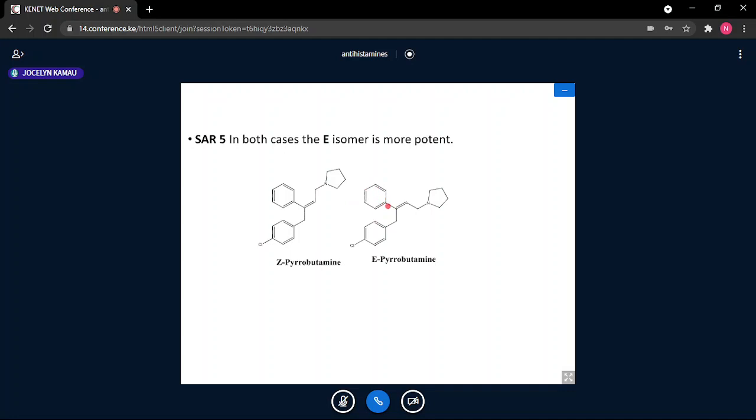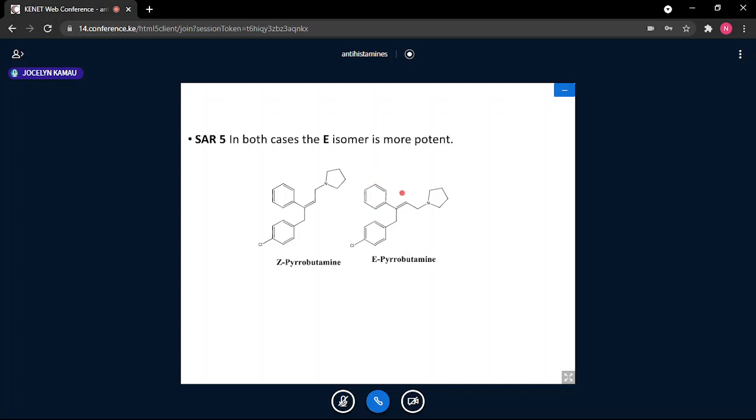So we are therefore saying this group is the bigger group. This group is a bigger group. So if you look at that big group here, it is on the same side as the hydrogen, and then this smaller group is on the same side as this other group. So we are saying this is a bigger group when we compare these two.